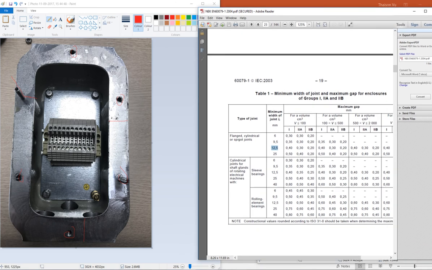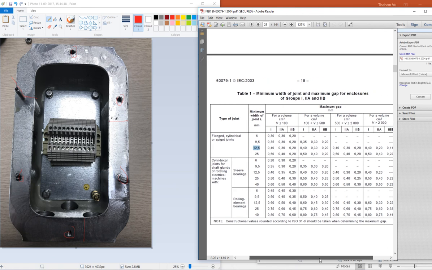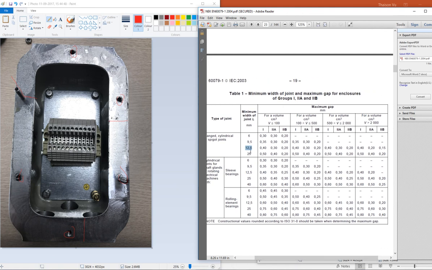But when we talk about EX, we always have to think about the worst case. And the worst case is the shortest flame path where the energy will escape. So when we measure this, it must be no less than 12.5, this length from here to here.